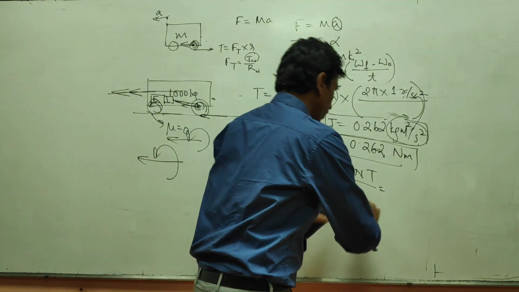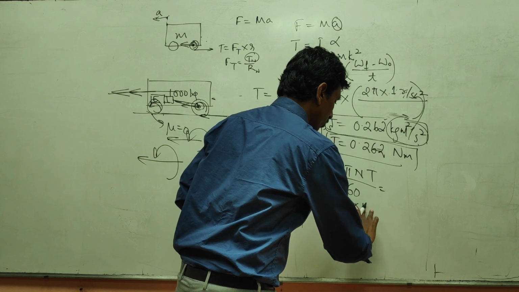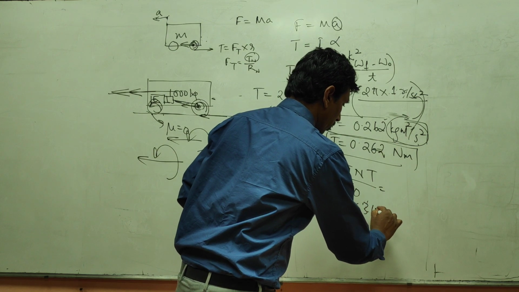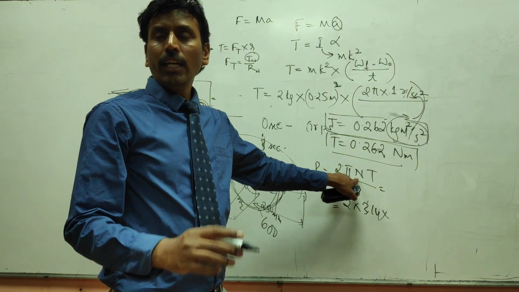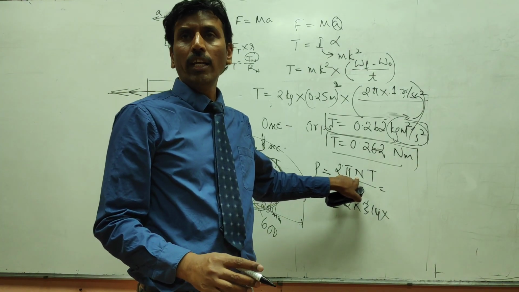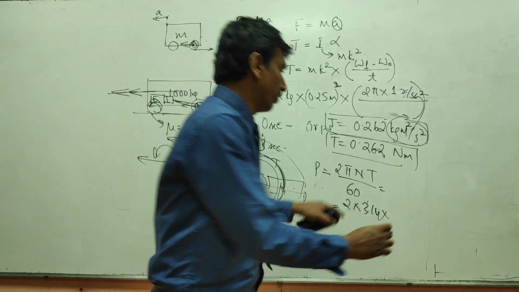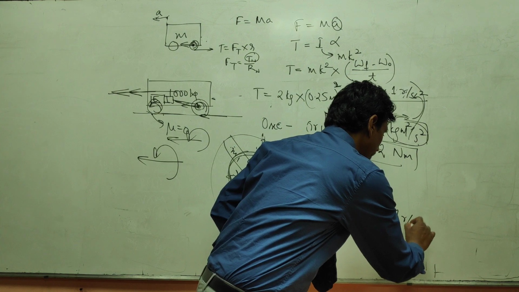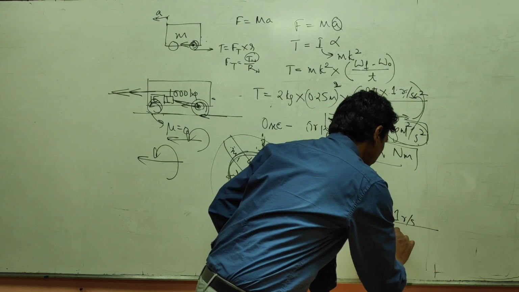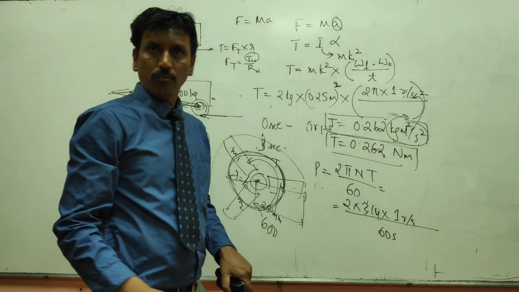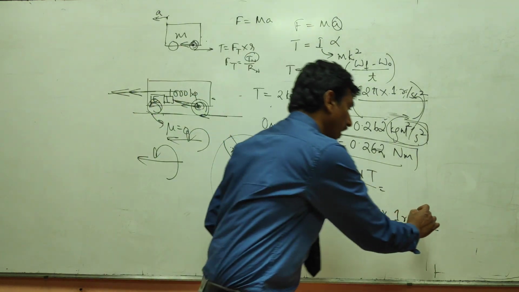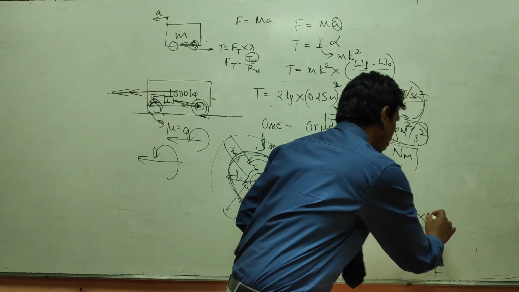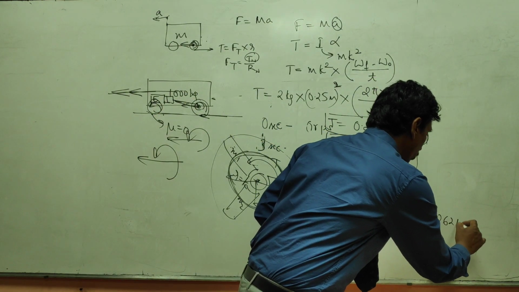So 2 into pi, 3.14, into n. N we have taken as 1 round per second, divided by 60 seconds. And the torque that we got was 0.262 Newton meter.